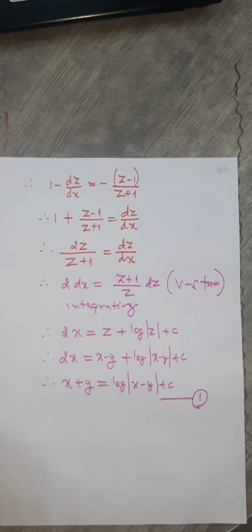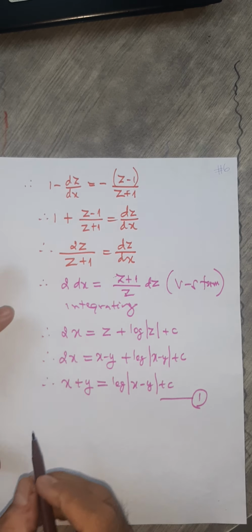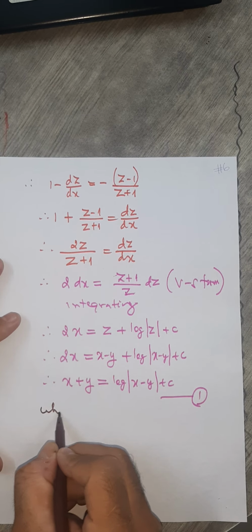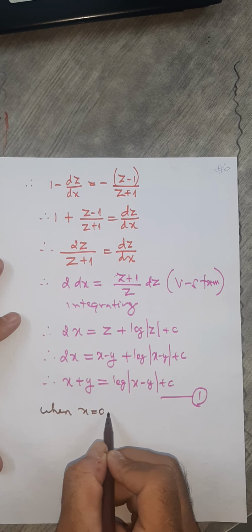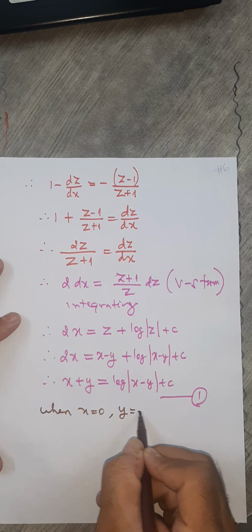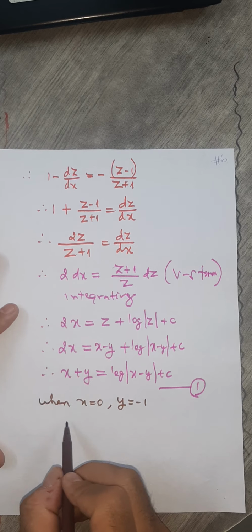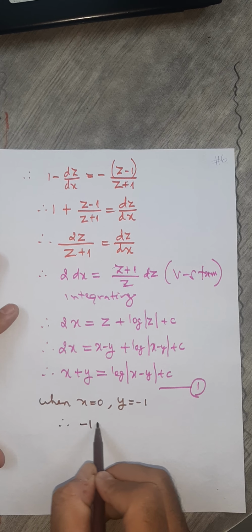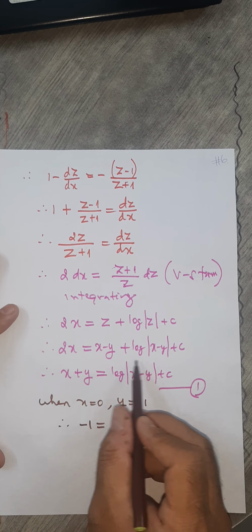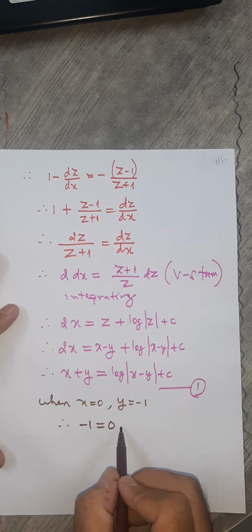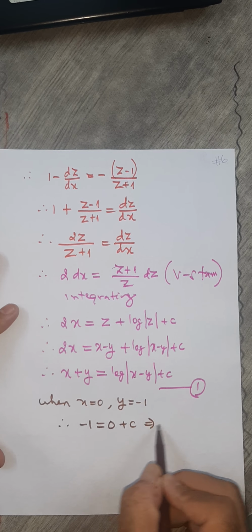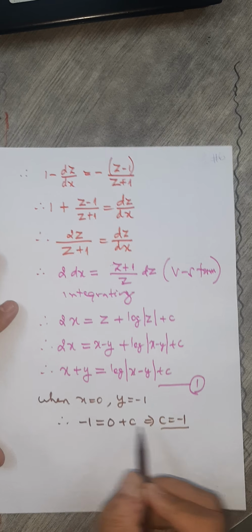But this is a general solution. You are given a certain condition in the question. What is that condition? When x is 0, y is minus 1. Use that condition. Remember, that's given to you. So here this is minus 1, this is 0. So this is log 1, which is 0, and therefore you are getting c equals minus 1.